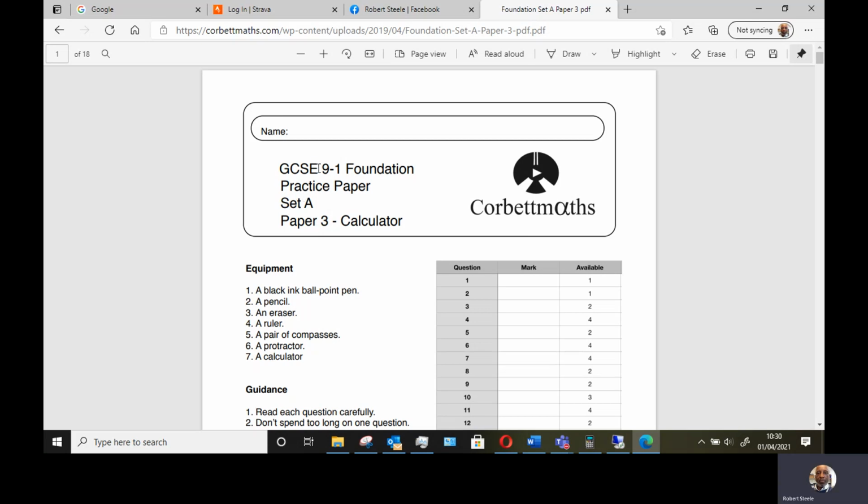Chose this just because the selection of questions I think is very similar to the sorts of things you can expect to find on a GCSE paper. I'm going to go through just answering questions and explaining methods and so on. Hope you find it useful.